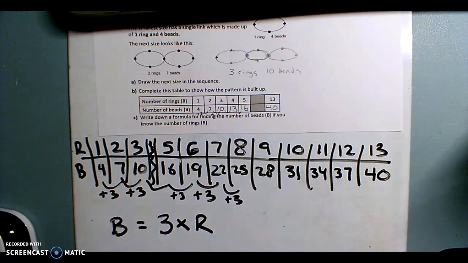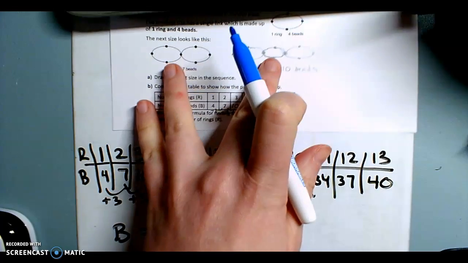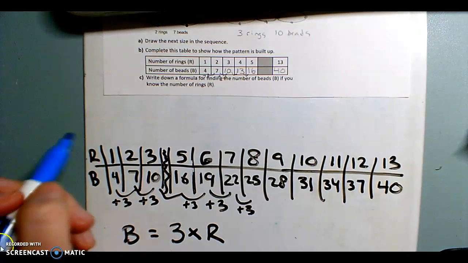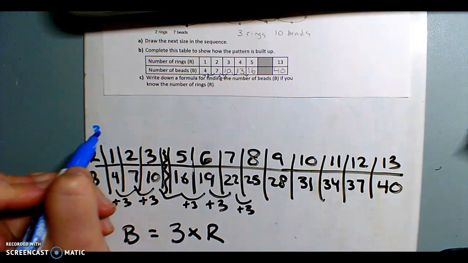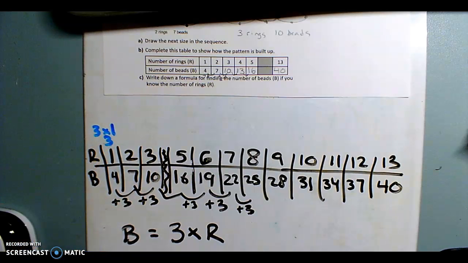Now when we're looking at that, let's do a little test. So if I take 3 and multiply it by the number of rings 1, I get 3. But my answer for beads was actually 4.